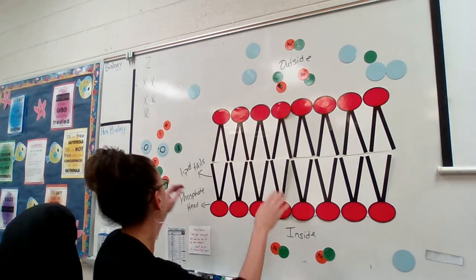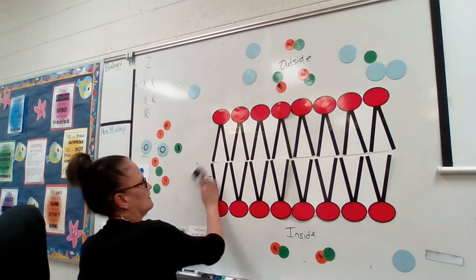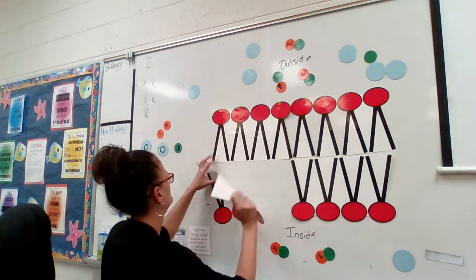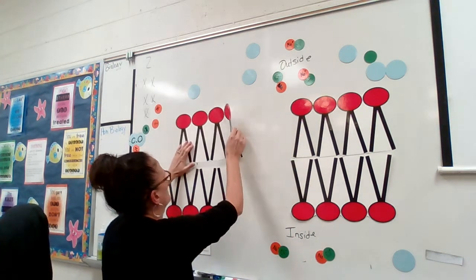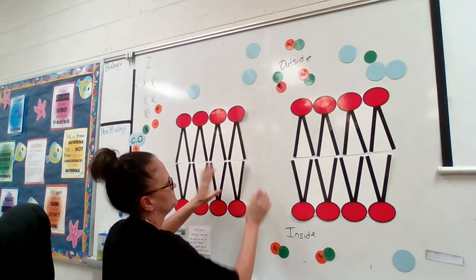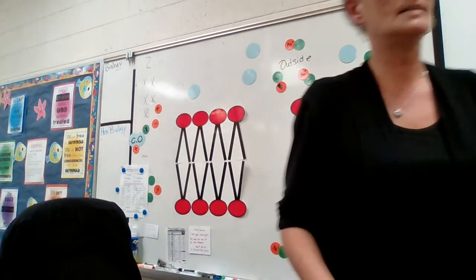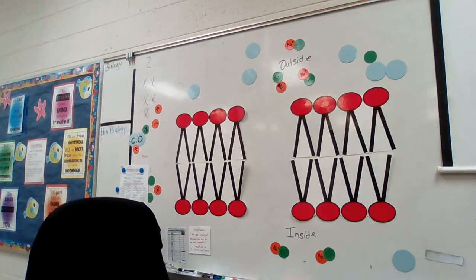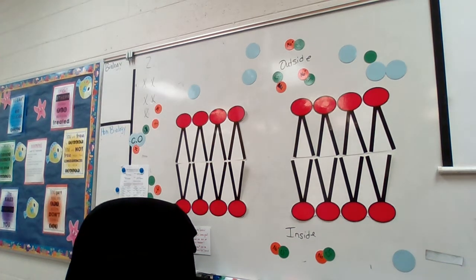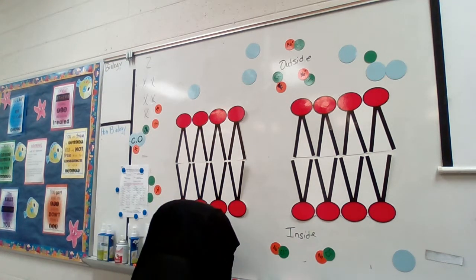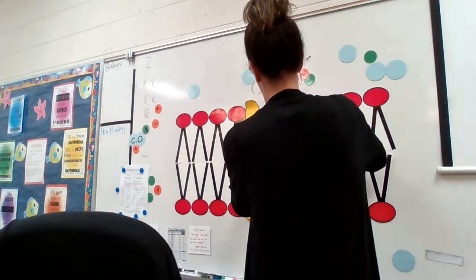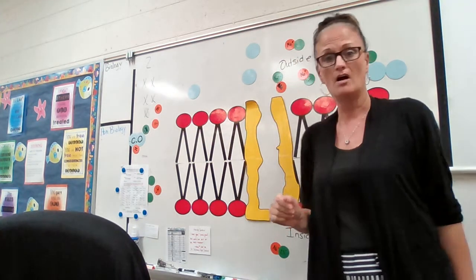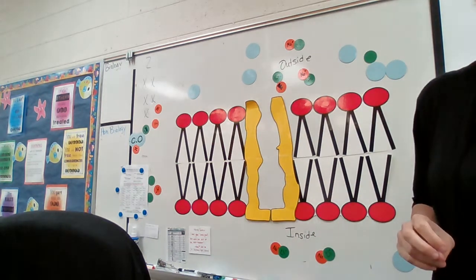The first one, let me erase this so I can move this over. All right, the first one is just a simple channel. It's going to be a channel that is specific only for one particular molecule.